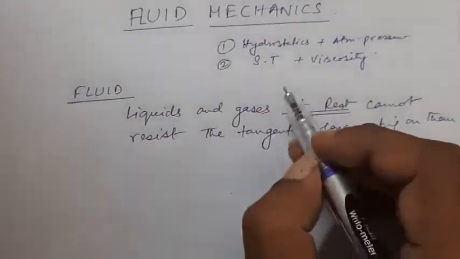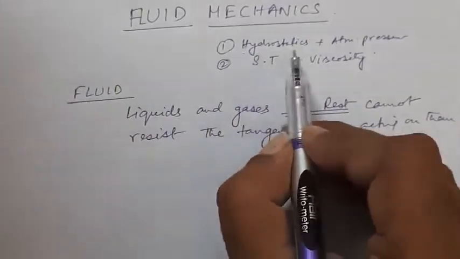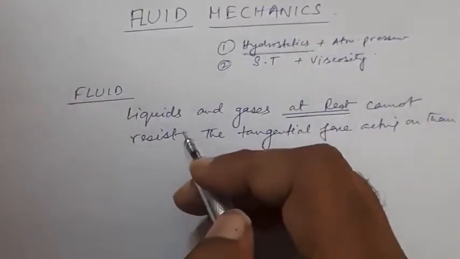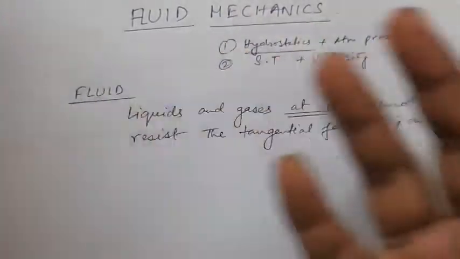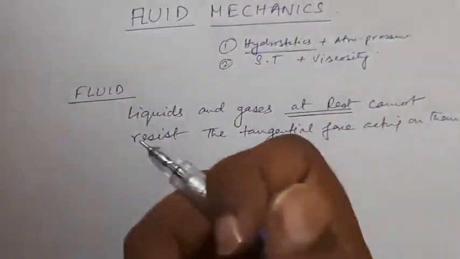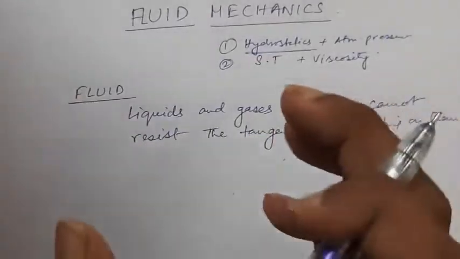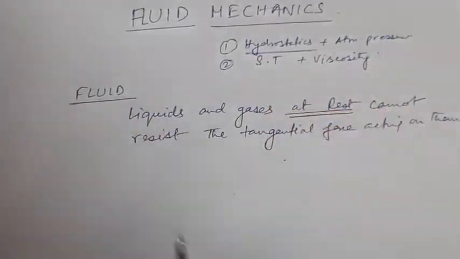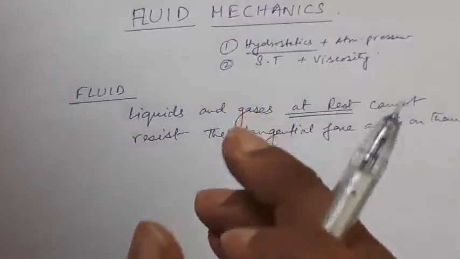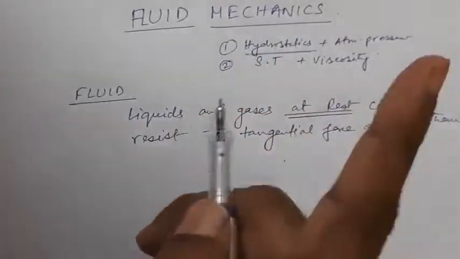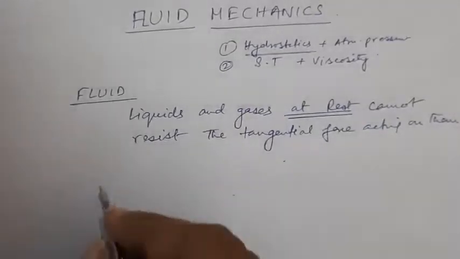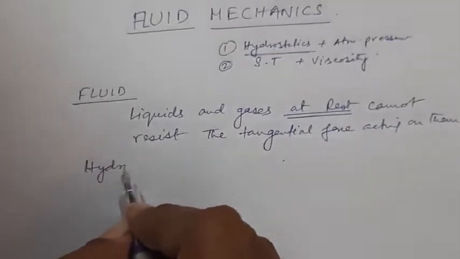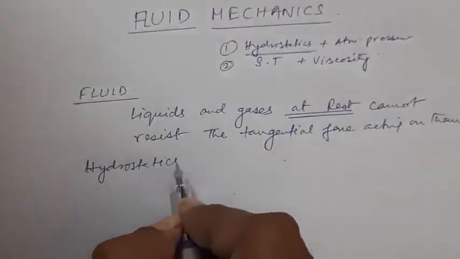Now, the first thing that I have written here is hydrostatics. What does this term hydrostatics mean? It is a branch of physics in which we deal with all these kinds of fluids, liquids and gases. The branch of physics in which the characteristic properties of fluids at rest are studied is called hydrostatics.